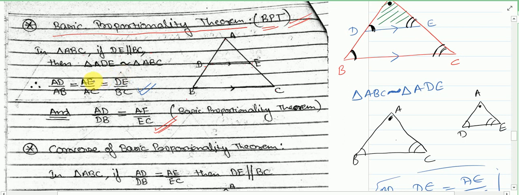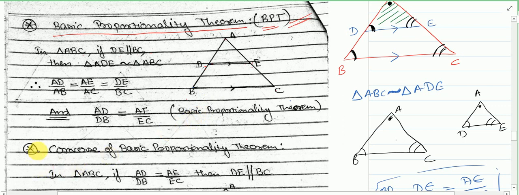Then AE upon AC, okay, corresponding sides are proportional, and DE upon BC, clear? And this one, what I have written over here, is the basic proportionality theorem, which says that AD upon DB is equal to AE upon EC, okay. So you will write down this in your copy.